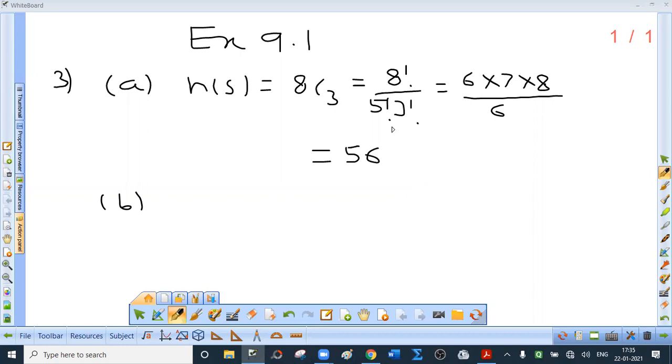And so on. Therefore, total number of ways equal to 5 into 4 into 3 into 2 into 1 equal to 5 factorial equal to 120.